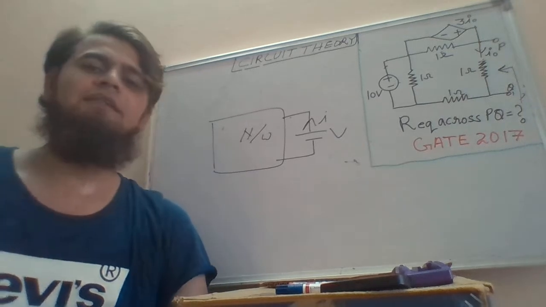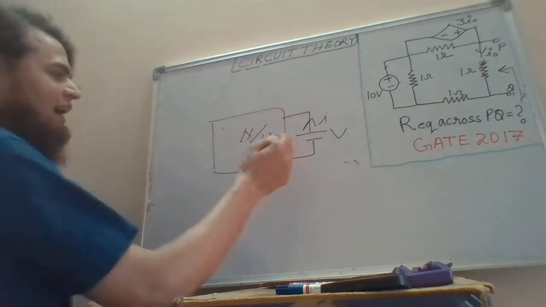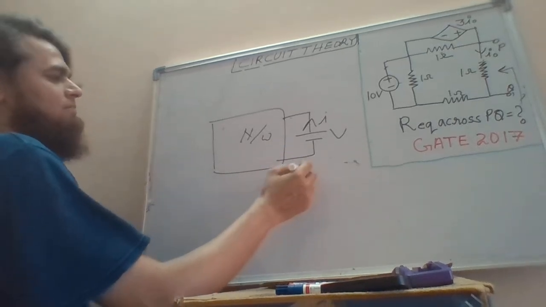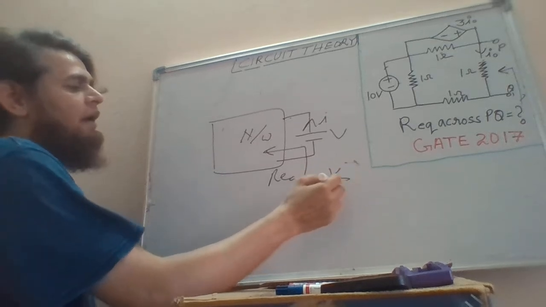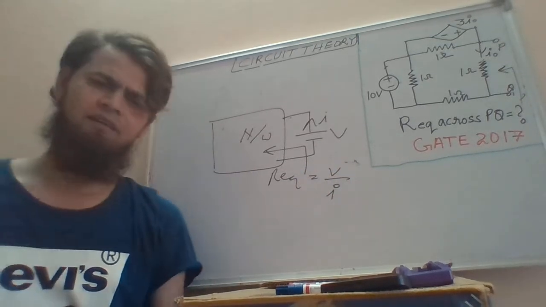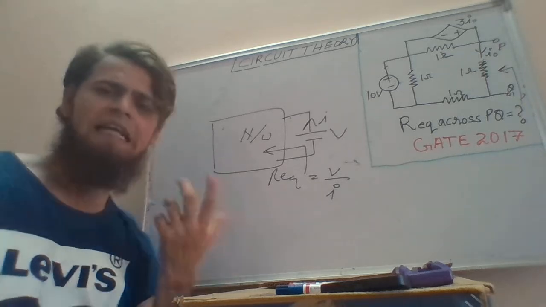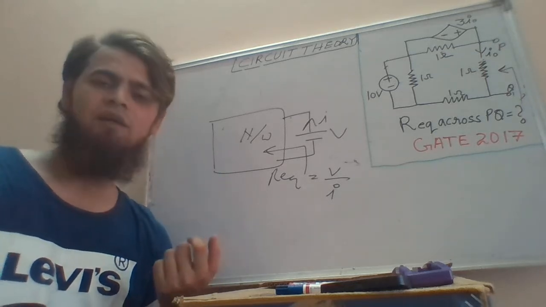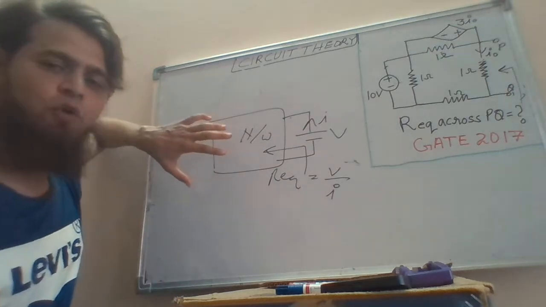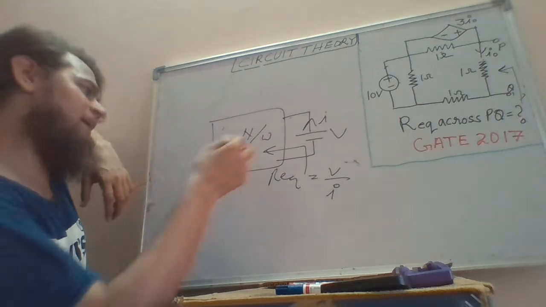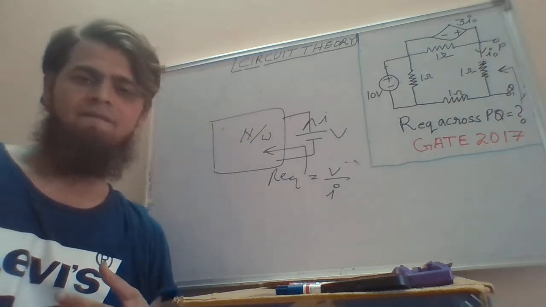Now you will simply say that the R equivalent of this network is V upon I. You could have done it. What is the need of killing the independent source? What is the need of deactivating the independent source, if any, present in this network? Why is it important to do it?